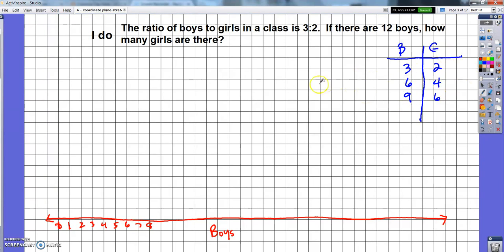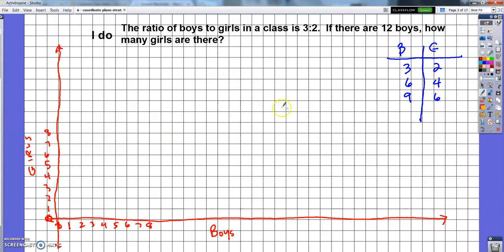Now I'm going to do another number line that goes the other direction. It's going to go right through the 0 on my first number line, but it's going to go up and down. So like that. Now my 0 on this one is at the bottom and then I count up: 1, 2, 3, 4, 5, 6, 7, 8, and so on. And that'll be my girls.